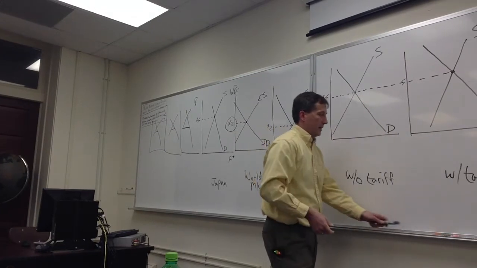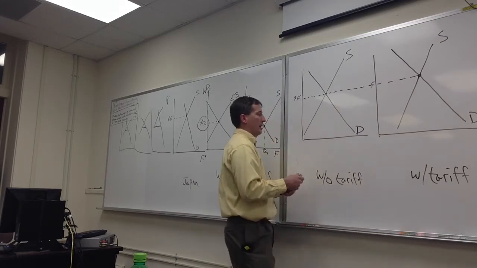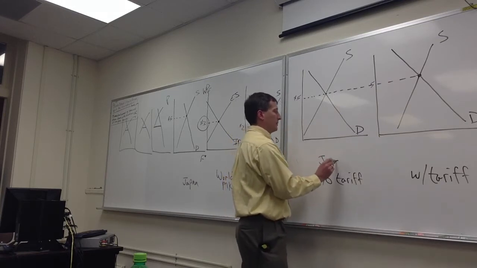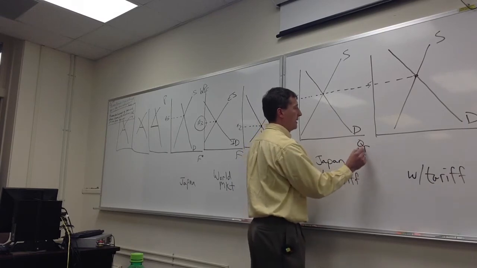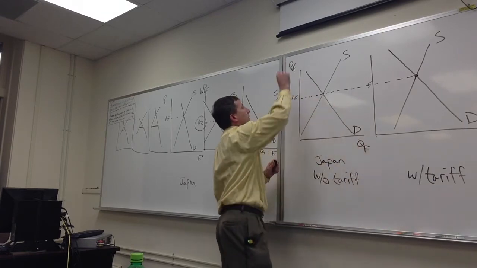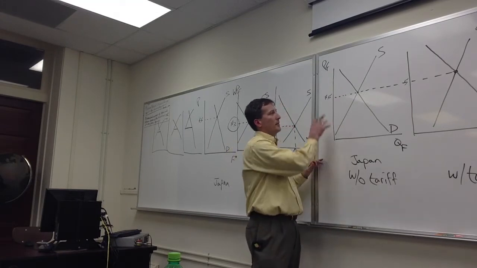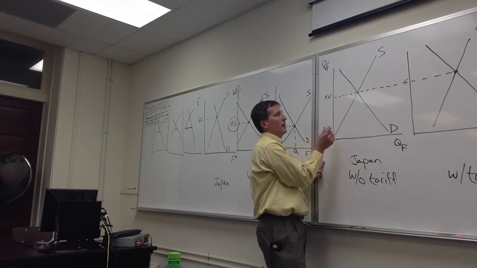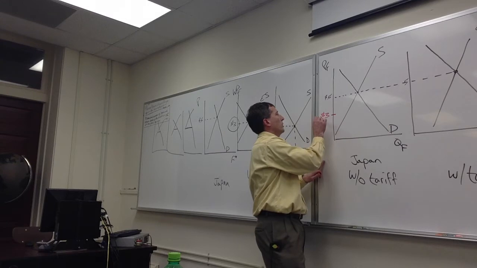If Japan happens to have a comparative advantage in some other good, so if this is our quantity of food and the price of food, then the world price is going to be something lower than that. So let's go with our $3 world price.